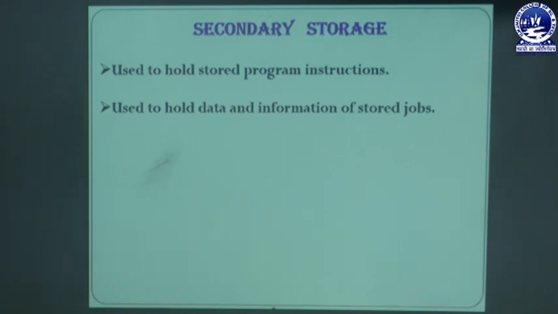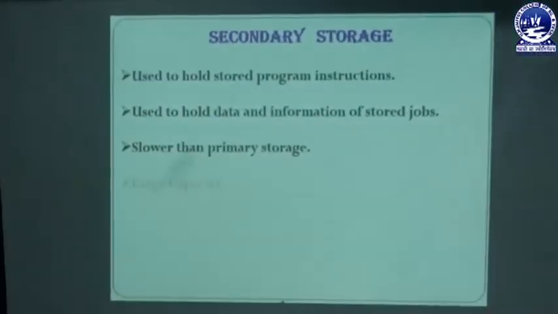And the third characteristic says it is slower than primary storage. I have already discussed that the CPU has direct access to the primary storage, so that's why it is fast. The CPU does not have direct access to the secondary storage, that's why it is slow.